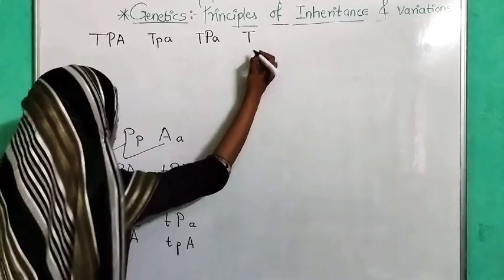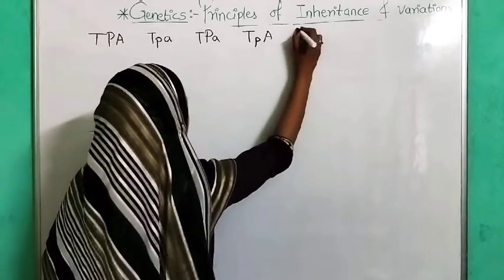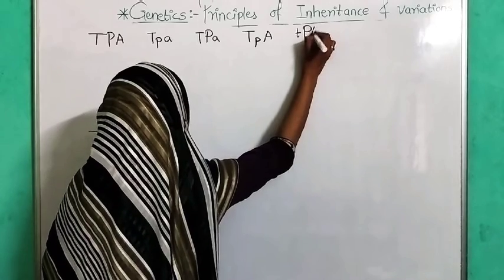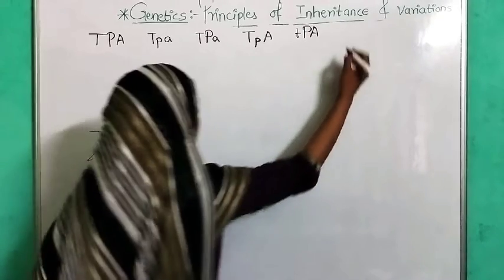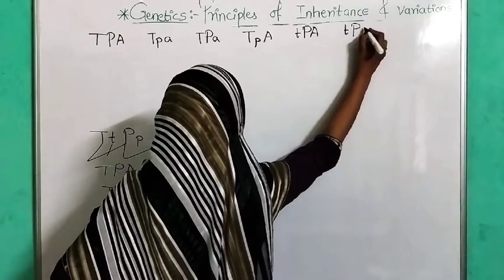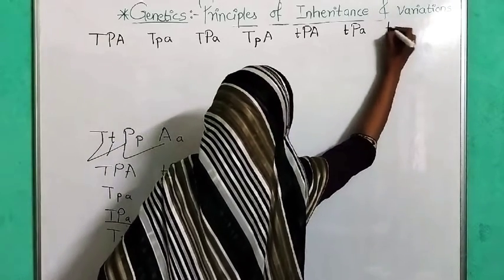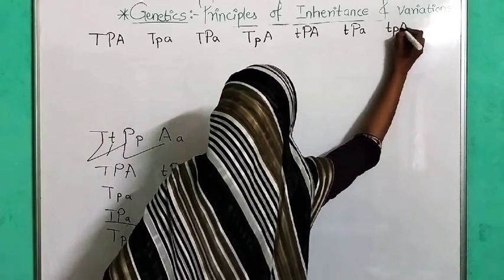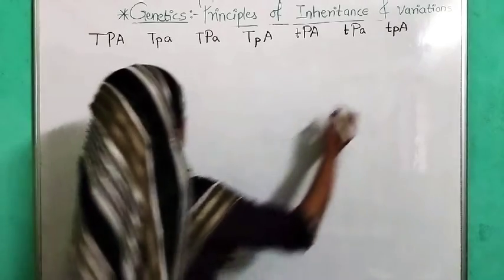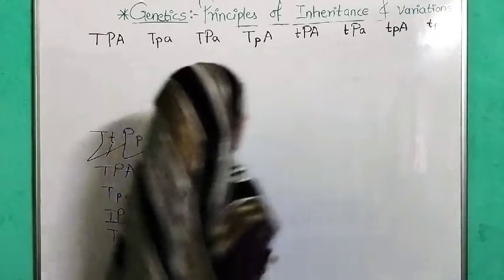Capital T, small p, capital A, then small t, capital P, capital A, small t, capital P, small a, and small t, small p, capital A, and the last one is small t, small p, and small a.